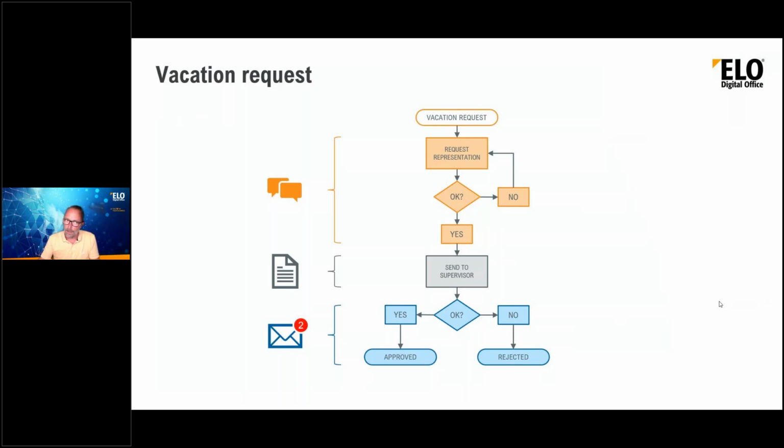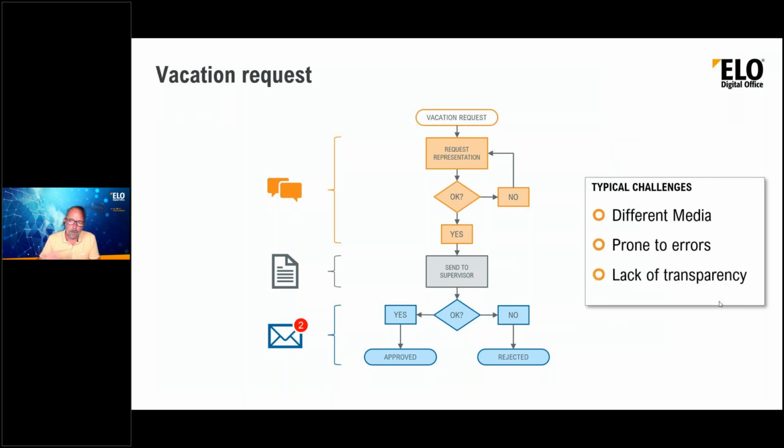So that's a workflow with different steps in different, well, ways. You have a communication, you have a Word document or something else, and you have an email. That's a so-called, or I always name it, analog workflow because you don't have the same media.